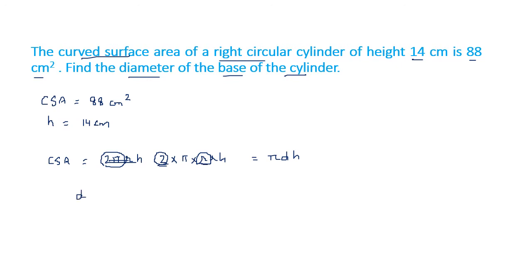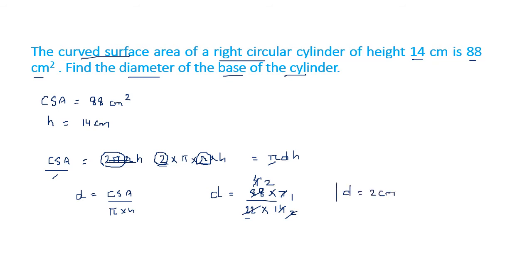So d is equal to CSA, this pi will come in denominator, the h will come in denominator, so pi into h. So d is equal to CSA, that is 88 upon pi, 22 upon 7, the 7 goes in numerator, into 7, and the h is given 14. 21 ones are, 2 fours are, 7 ones are 7, 2 twos are 2, ones are 2, twos are. Diameter of that cylinder is 2 centimeters.